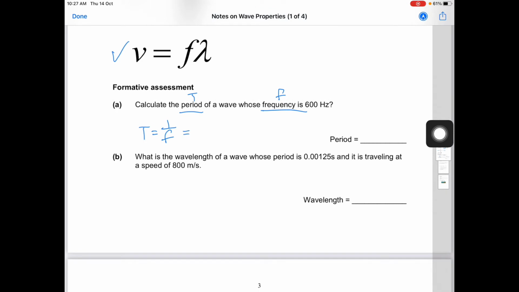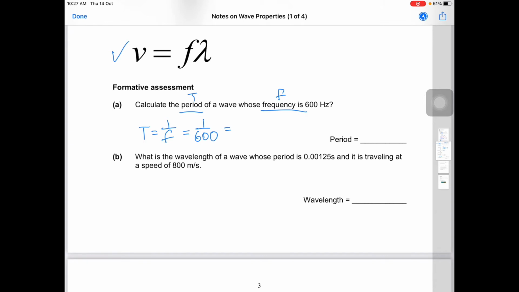So now we've written the formula down. Let's put in the values. So 1 over 600 hertz. Now, do we leave our answer as a fraction? In 3, 2, 1. The answer is no, we don't. What we have to do is press your calculator, which is what I am doing now.